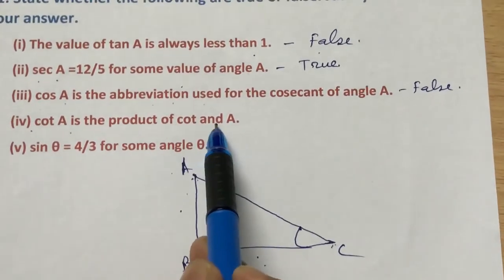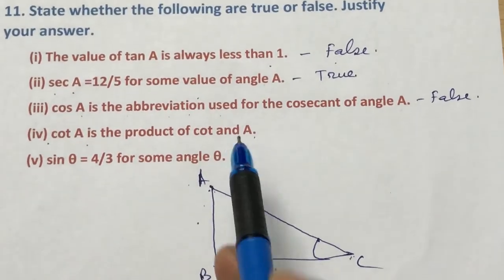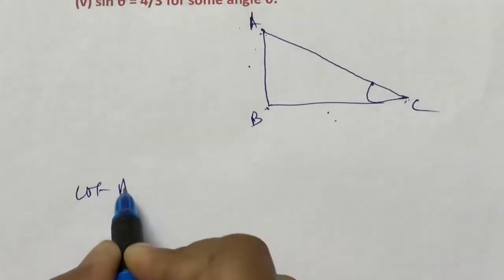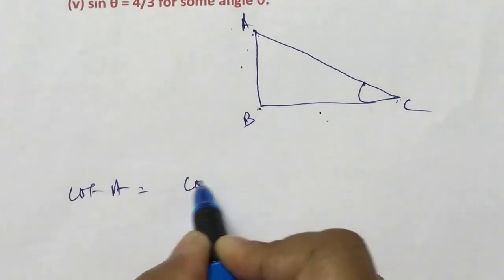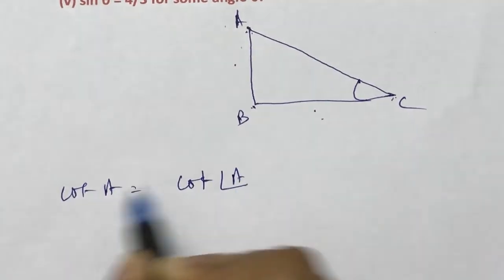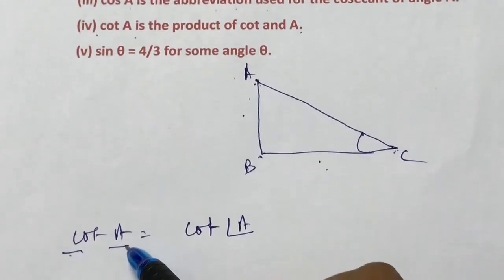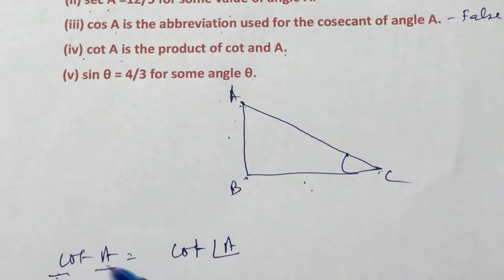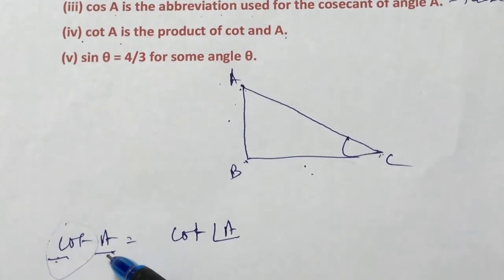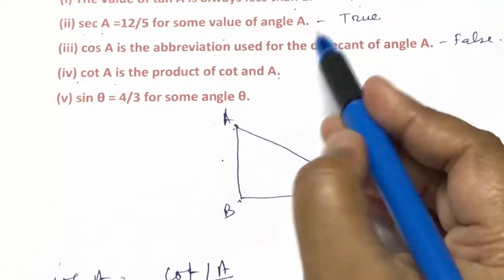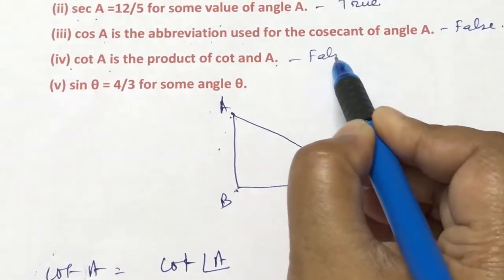Cot A is the product of cot and A. No. Cot A means it is cot of angle A. Cot and A are not different objects, they are the same. It is the cotangent of angle A. So this particular statement is false.